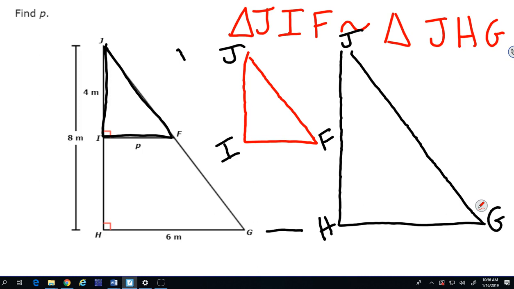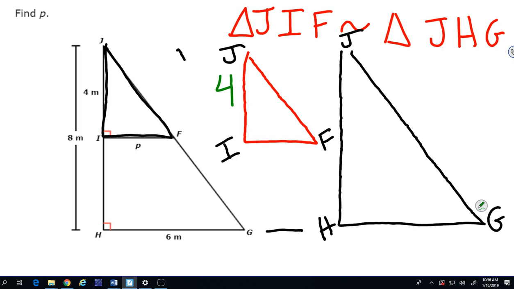So when you have problems like this that you're going to see on IXL, go ahead and use a piece of paper or dry erase board or something so that you can separate the two triangles out and then label their side lengths. So if I'm trying to find, well, I'm going to label what I know. I know that JI is 4, and I know that JH is how much?